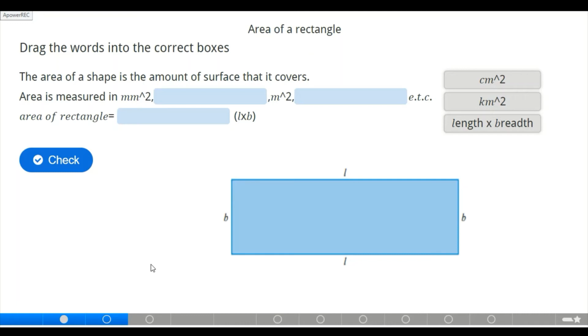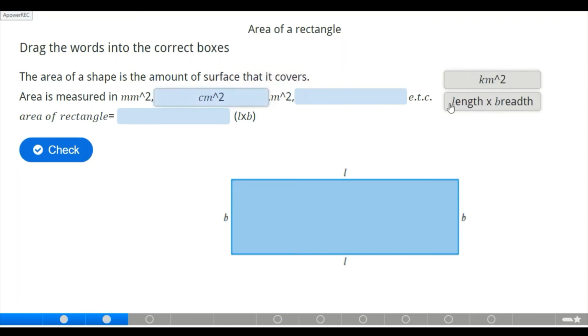We can measure area in units like centimeter square, meter square, and also kilometer square. So remember, with the area of any given shape, the unit of measurement should be in square.